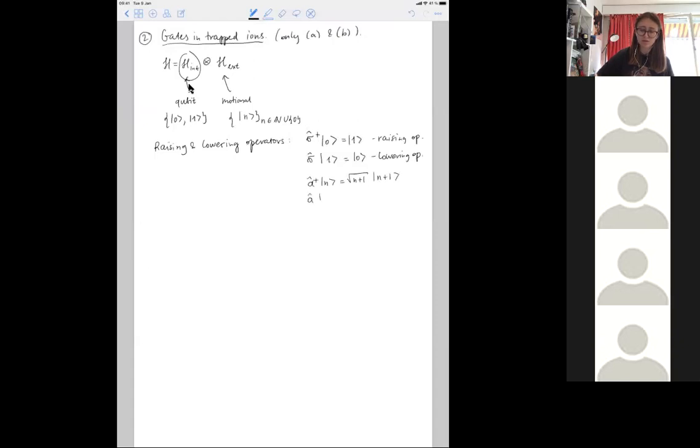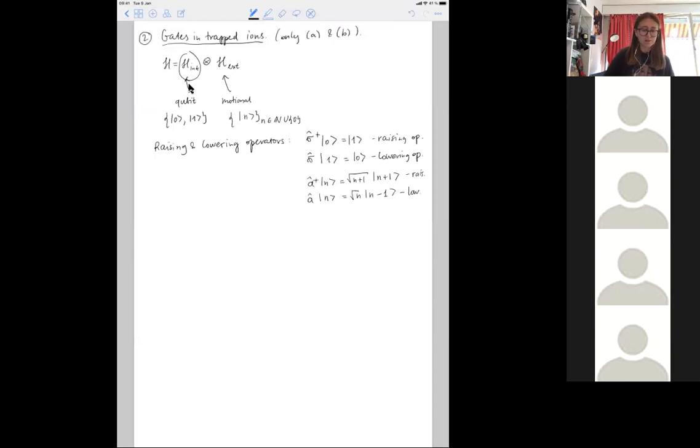The raising operator raises the state, and the lowering operator lowers the state to the previous one. Since I took away the C and D parts of the exercise, you don't need to bother with the raising and lowering operators for the external degrees of freedom, but you have to work with the raising and lowering operators for the qubit.